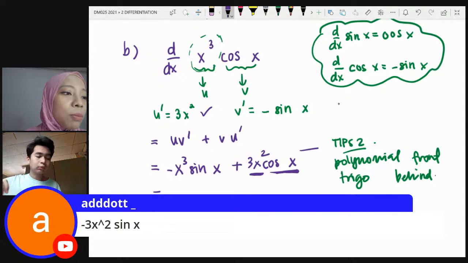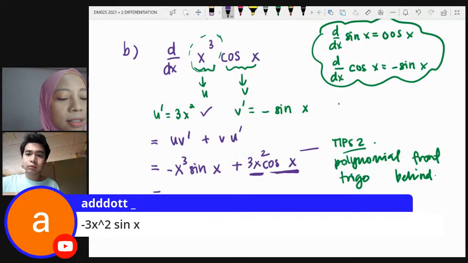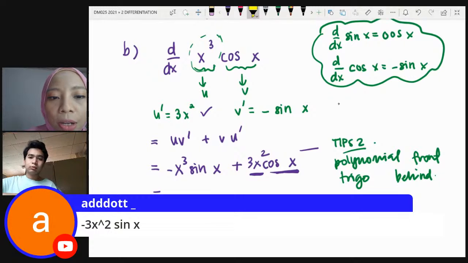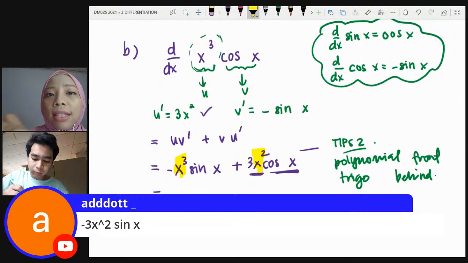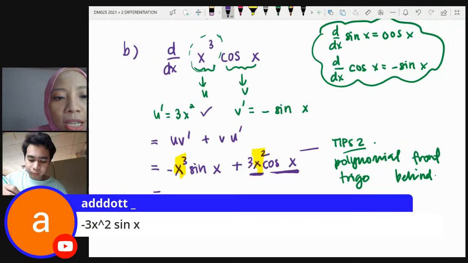The most that you can do is factor out what is common here. What is the same? We have x square here, and here we also have x square. Here there is cos, but this one has no cos. This one has 3, here there is none. So the only thing we can factor is x square.